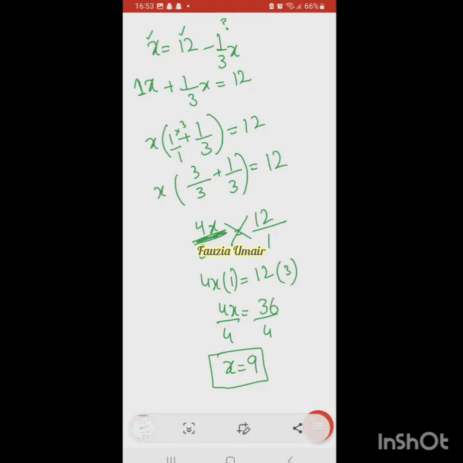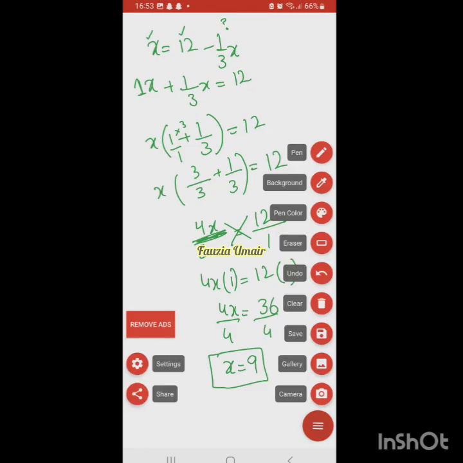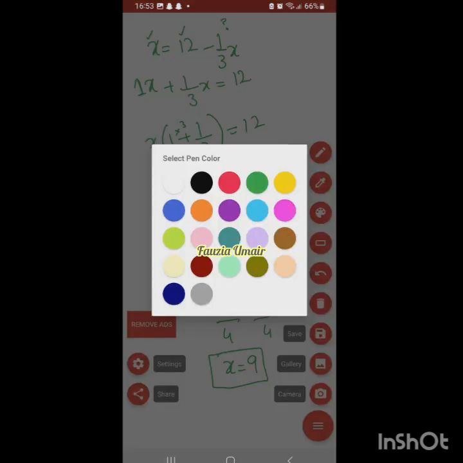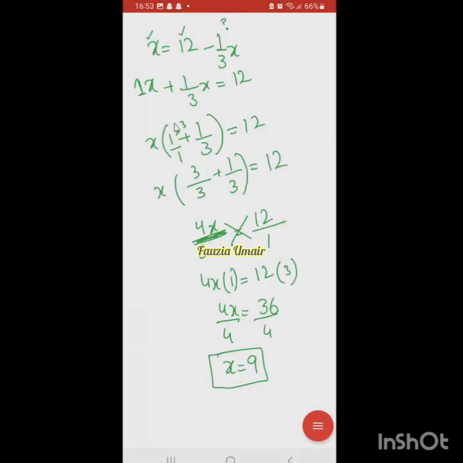There is another way of solving. If you find this difficult, you can do it like this also. Here I took x common, and from here you can write x by 1 plus 1 by 3, or x by 3. Now you can multiply this side with 3, so this will become 3x by 3 plus x by 3.